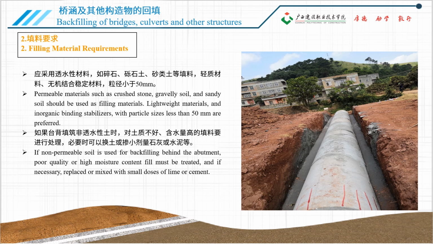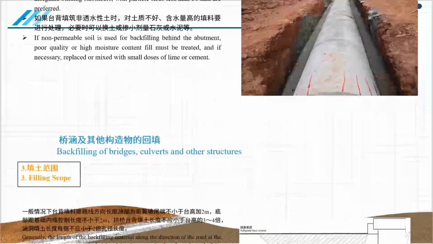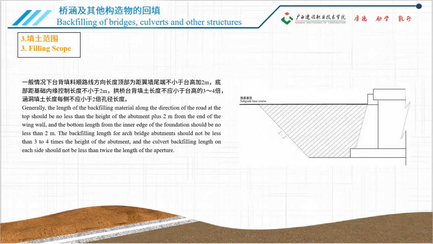If non-permeable soil is used for backfilling behind the abutment, the filling material with poor soil quality and high moisture content should be treated, and if necessary, the soil can be replaced or mixed with a small amount of lime or cement.